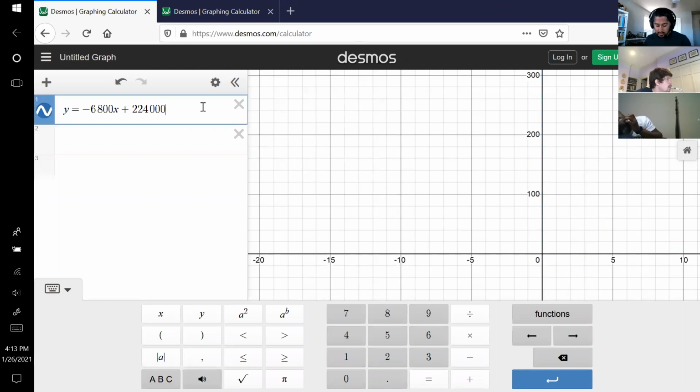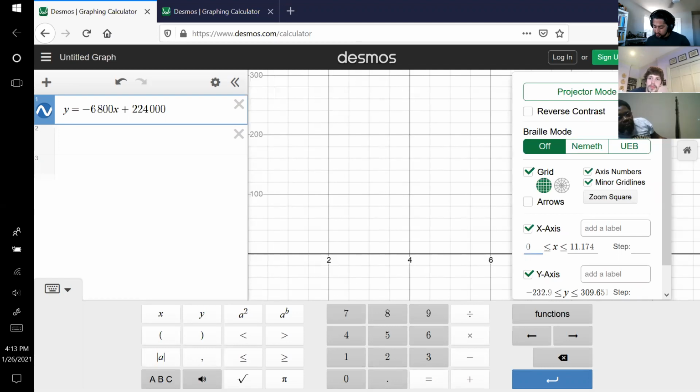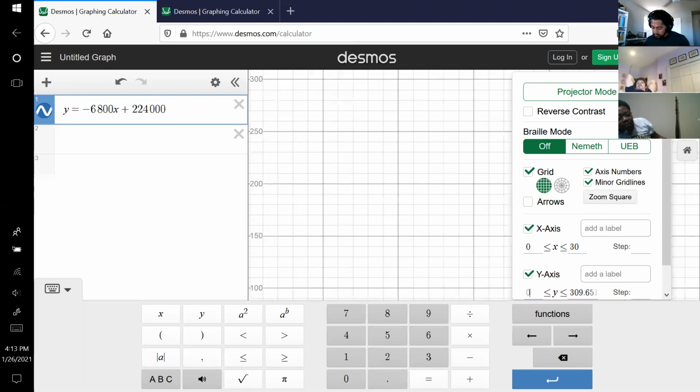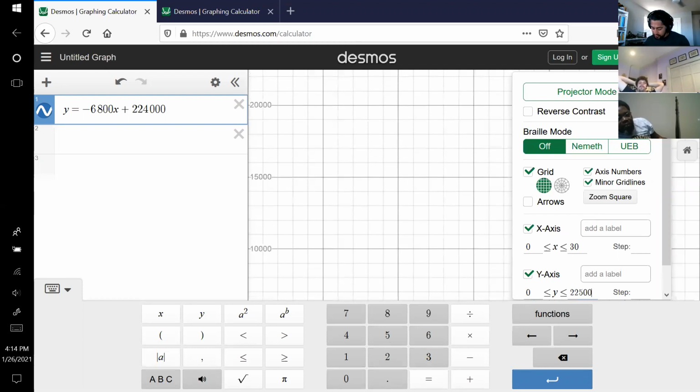Okay, so it's going to graph it, but I need to change some restrictions. If you see this little tool icon on the top right corner, my graph is going to stay between the domain, which they gave us, 0 to 30. And then my y-axis is going to start at 0 and go up to 225,000. Why not?